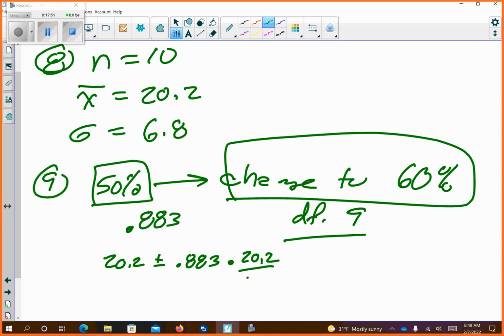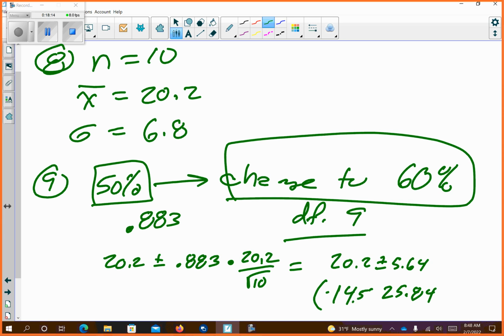What do we get? 5.64. Then 20.2 plus 5.64 is 25.84, and 20.2 minus 5.64 is 14.56.